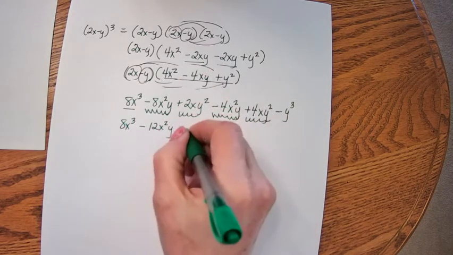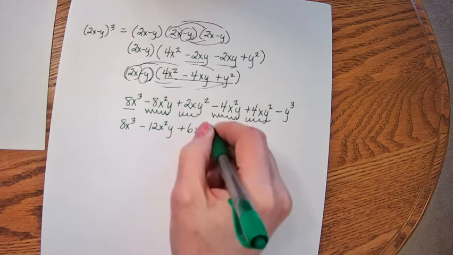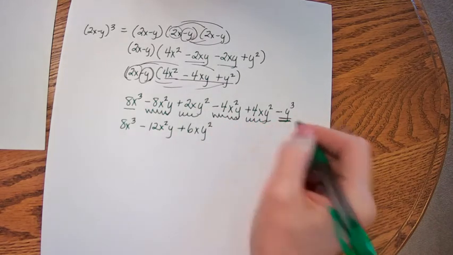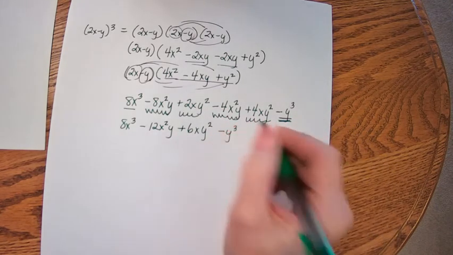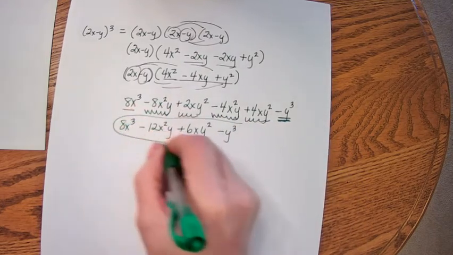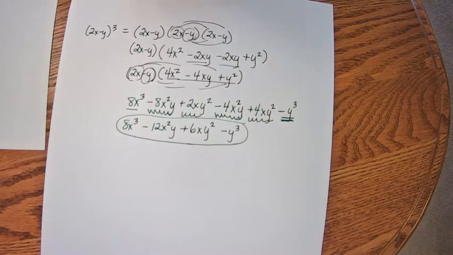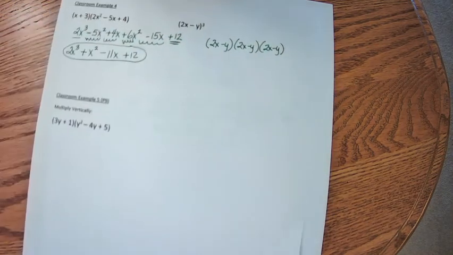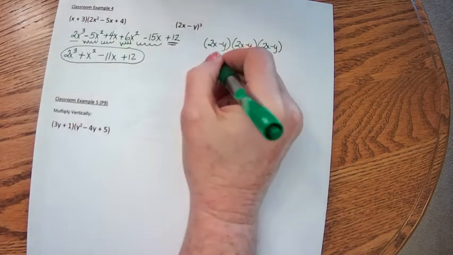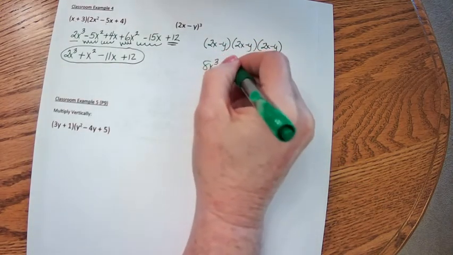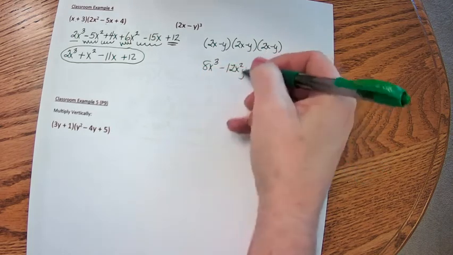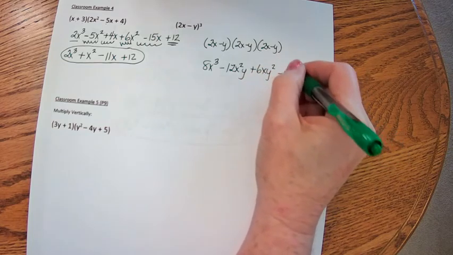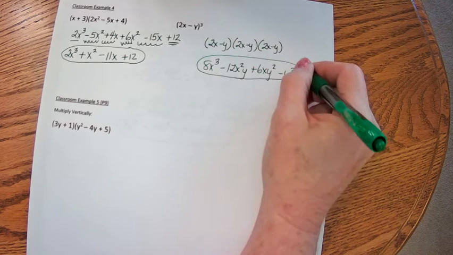So 2 plus 4 is 6 xy squared. And the last term that I've not included yet is that negative y to the third. So 2x minus y to the third is equal to 8x to the third minus 12x squared y plus 6xy squared minus, pardon me, y to the third.